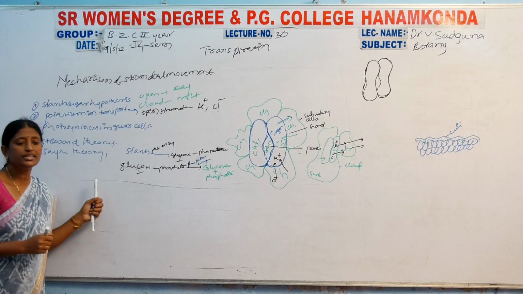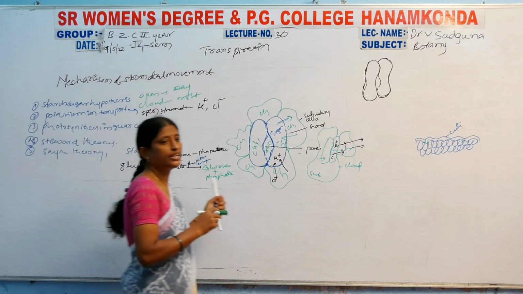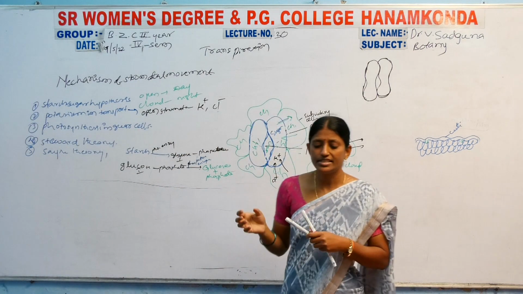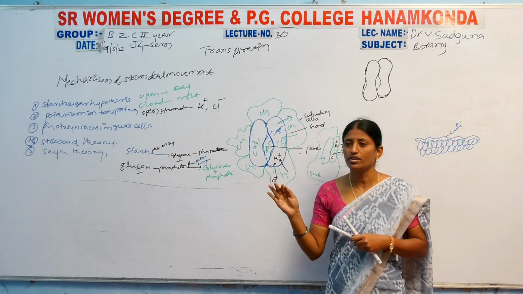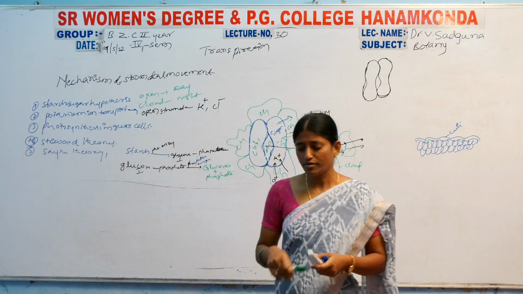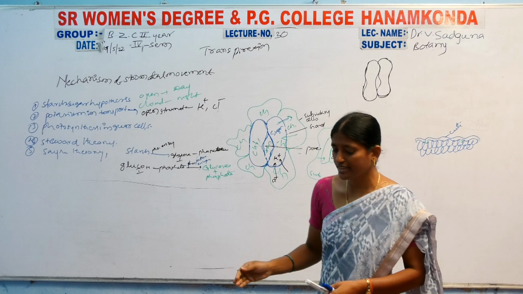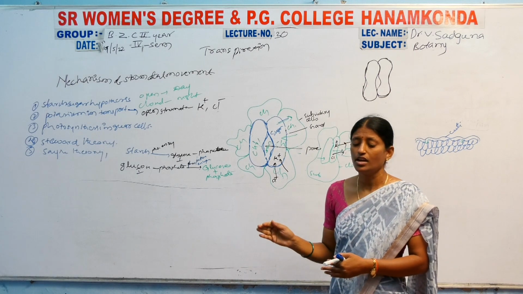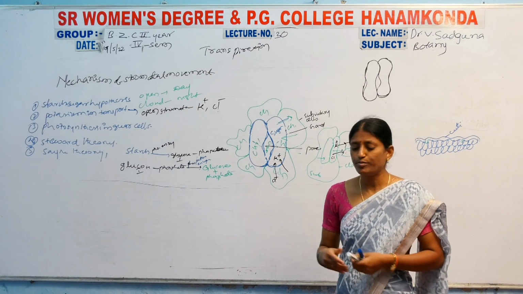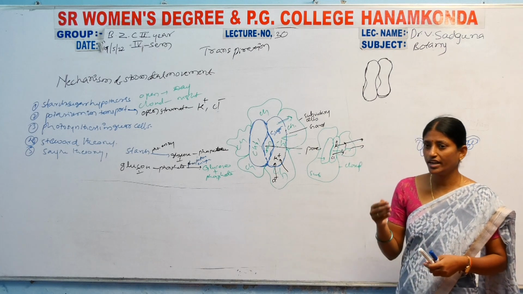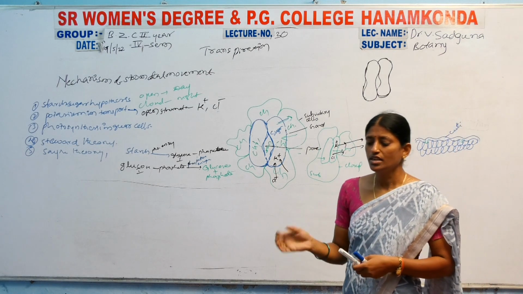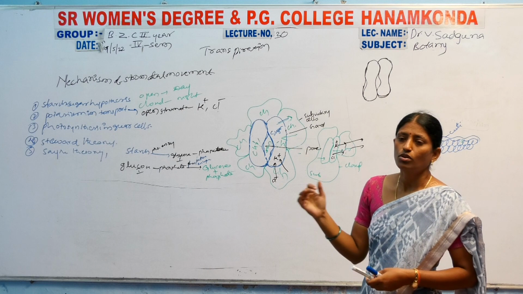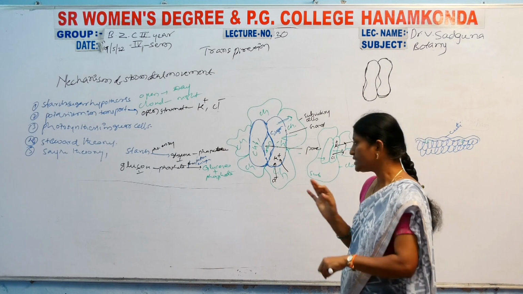Then the reaction is completed in night and daytime in the presence of different enzymes. Then again it is converted into negative osmotic potential in the guard cells, with closing of the stomatal cells.